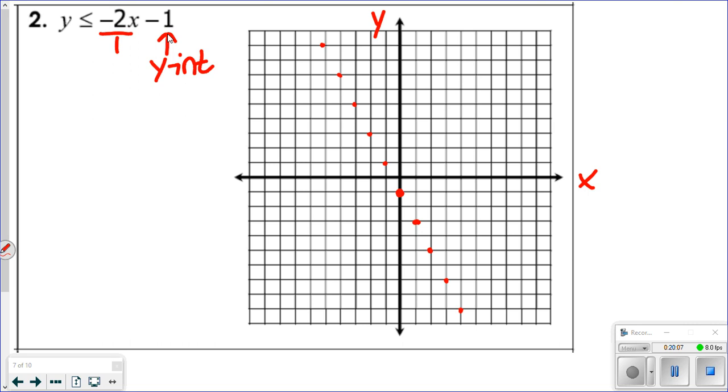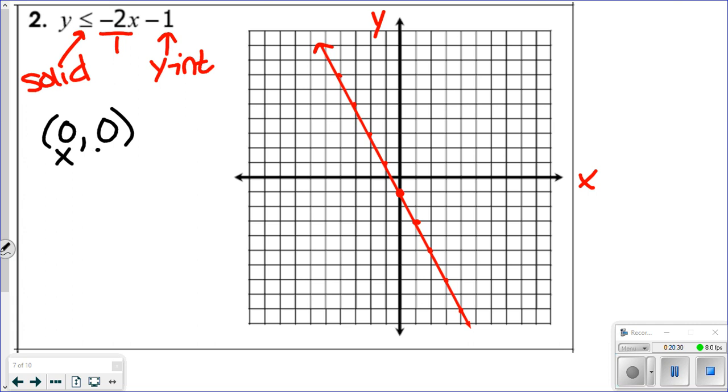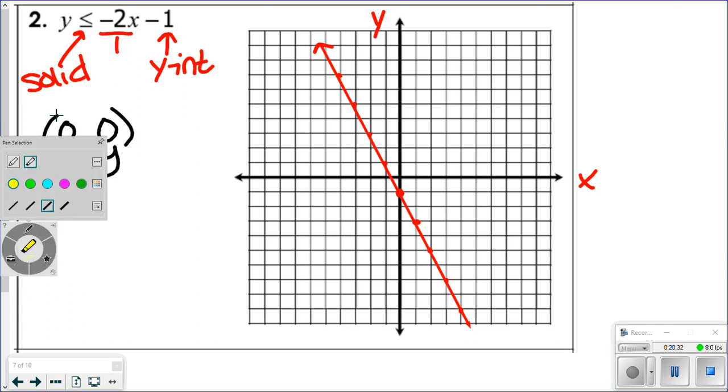And this is going to be a solid or a dotted line? Solid. Okay, so use a ruler, please and thank you, and connect your line. And the easiest point to choose to plug in is 0, 0 for both x and y.